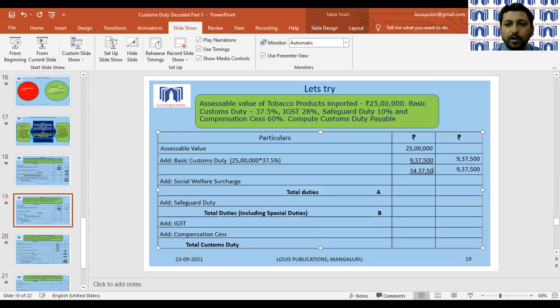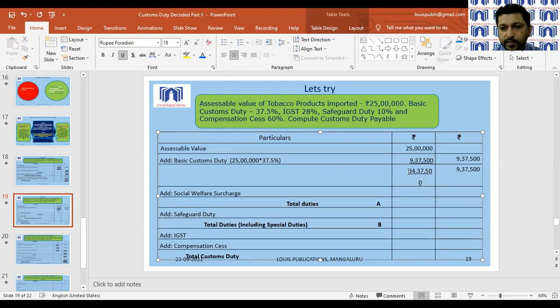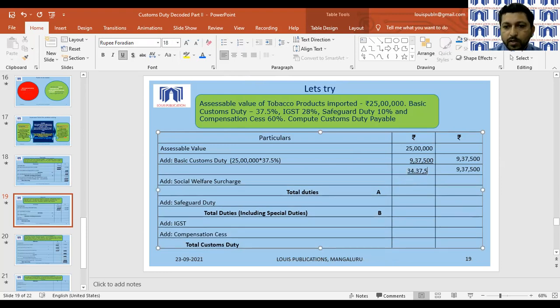Actually, we need not record this value at all. So we'll go along only with this total of 9,37,500.